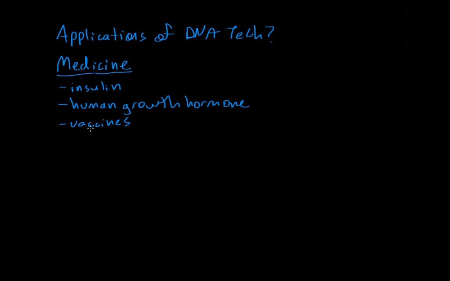And so some vaccines that we actually use recombinant DNA technology to create include the Hep B virus, the herpes virus, and malaria. So these are some applications of DNA technology in medicine.